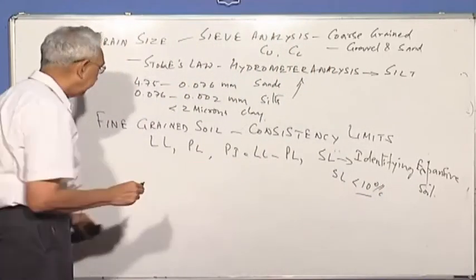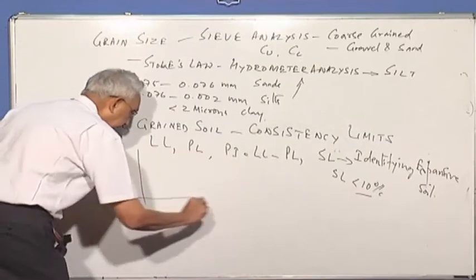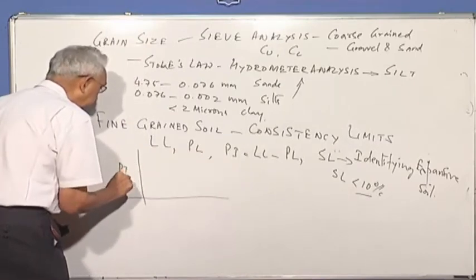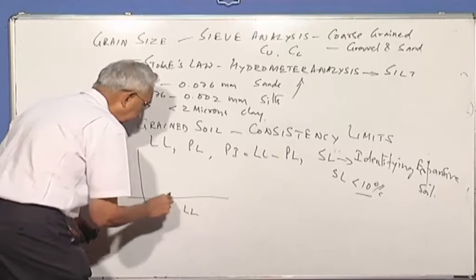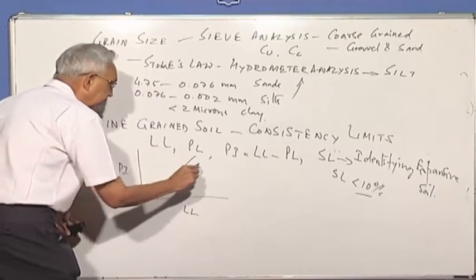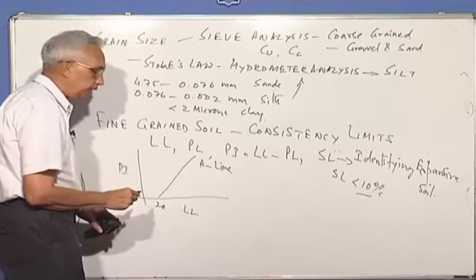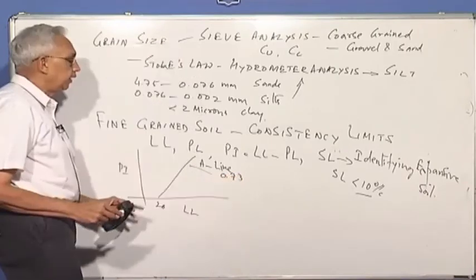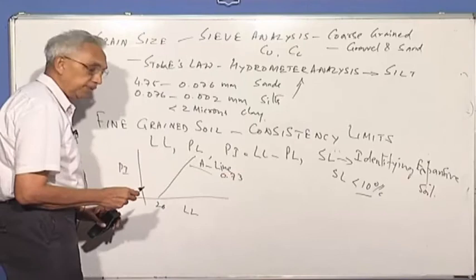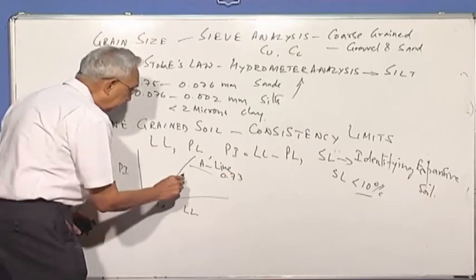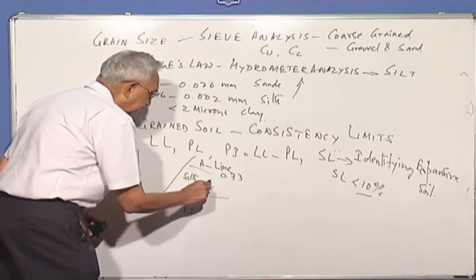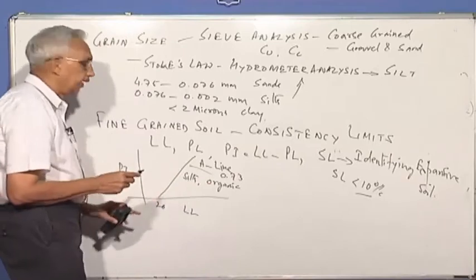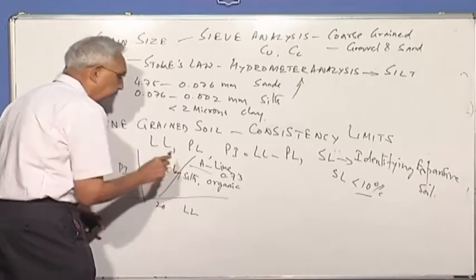Based on this, we also had a plasticity chart where we plotted PI versus liquid limit, and there is an A line which starts at 20% liquid limit. The slope is 0.73. The importance of this A line, which is given by Casagrande, is that silts and organic soils lie below the A line and clays lie above that.